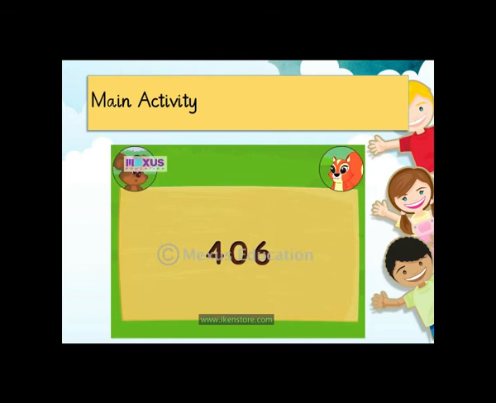Sometimes, number in one of the place values is a 0. Then let's see how you read them. Consider this number. The number in the hundredths place is 4. The digit in the tens place is 0. And the ones digit is 6. And it is read as 406.